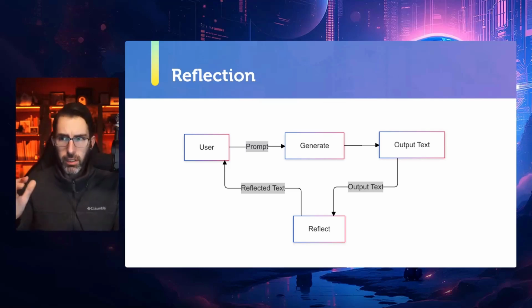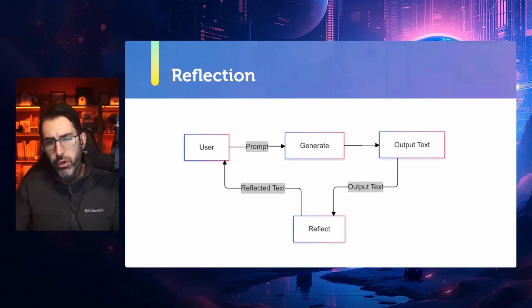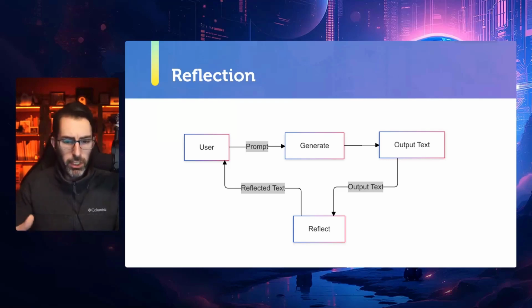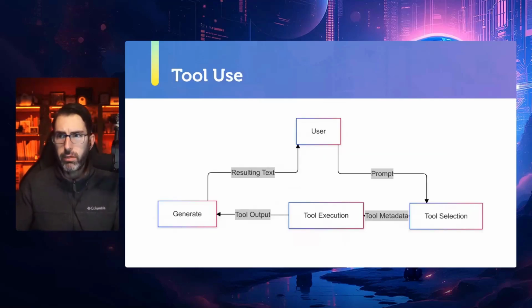But again, reflection is usually about the single agent iterating through the same task to make sure the task has improved. I'm sure you might have seen these when you're using ChatGPT or something. You come in, you write something, and then you say, hey, double check your answers. And it comes back with a response that says, hey, I'm sorry, it looks like I made a mistake. So that's the reflection part that we see pretty much every day.